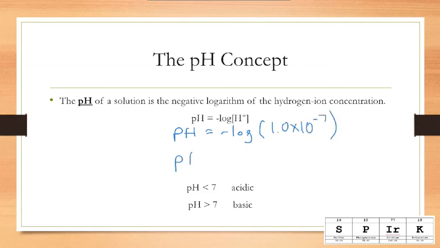And when you punch that into your calculator, the pH of a neutral solution is 7.00. So a pH that is neutral. A pH less than 7 is acidic, and a pH greater than 7 is basic.